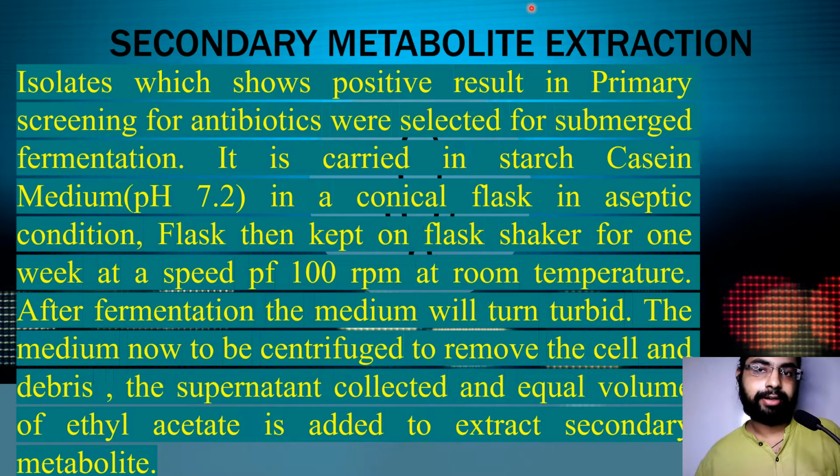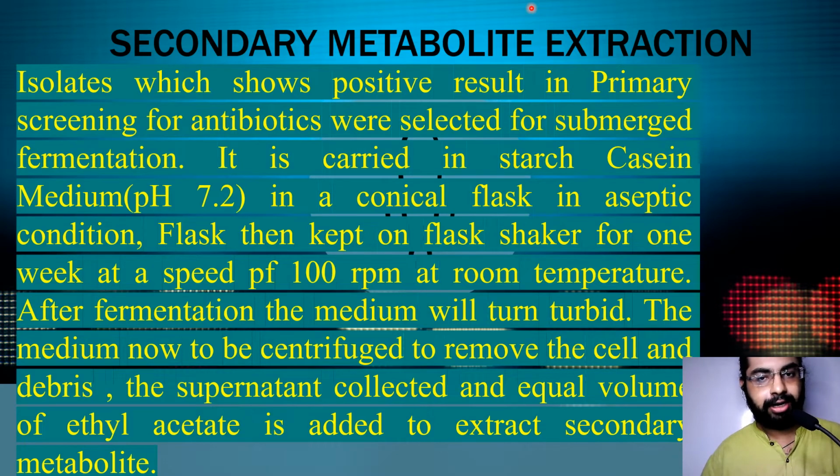Secondary metabolite extraction. Isolates which show positive result in primary screening for antibiotics, as I have discussed earlier, were now selected for fermentation, and this fermentation is called submerged fermentation. It is carried out in starch casein medium maintaining pH 7.2 in a flask.